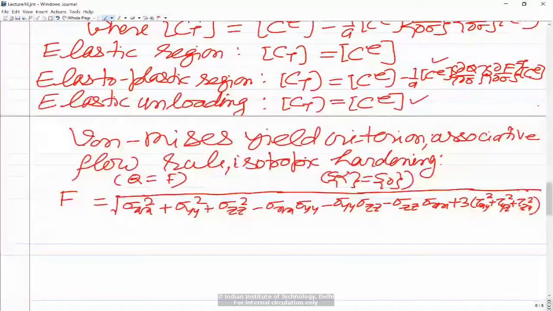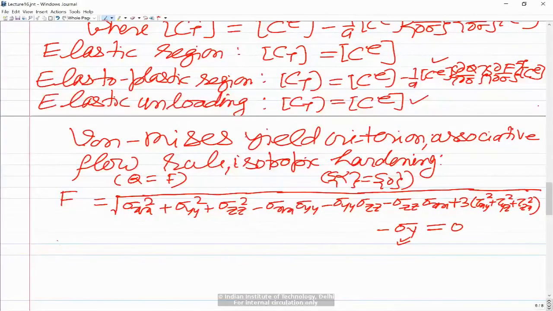So this is the equivalent stress minus sigma y, which is outside the square root sign, the yield stress, equal to 0. So this is the von Mises yield criterion. Now when the material is yielding, with the continued elastoplastic deformation, this sigma y is also going to change with the plastic strain, and of course the components of the stresses will have changed.